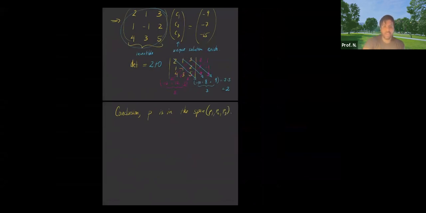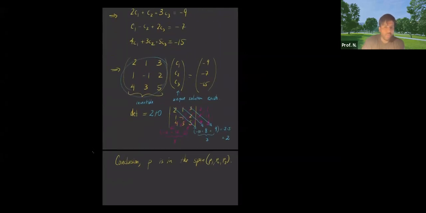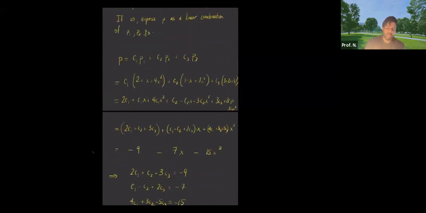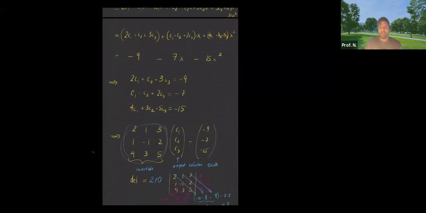And I'll leave as an exercise for you guys to find what those coefficients are. You can use Cramer's rule to find those individually, or you can just apply A inverse times this vector here, and you get C1, C2, C3, and those scalars are the scalars needed to multiply each of these polynomials so that it gives you the linear combination.